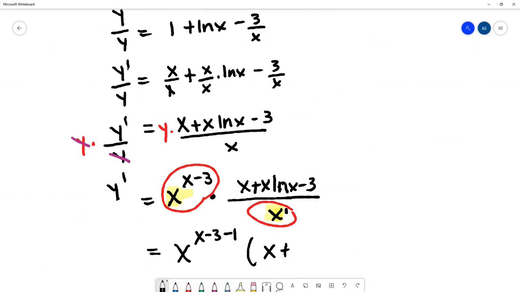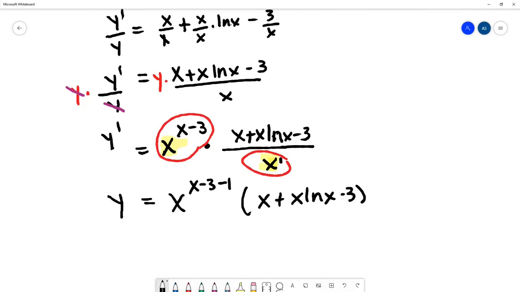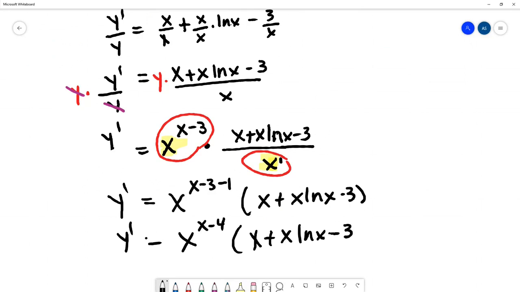We have x plus x ln x minus 3. And that will give us x to the x minus 4 times x plus x ln x minus 3. So that's our y prime, or dy dx. Derivative of y with respect to x.